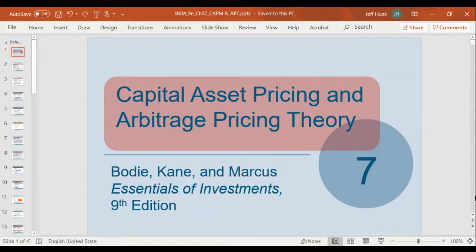Now, as in all regression models, and CAPM is basically a regression model, there are constraints.